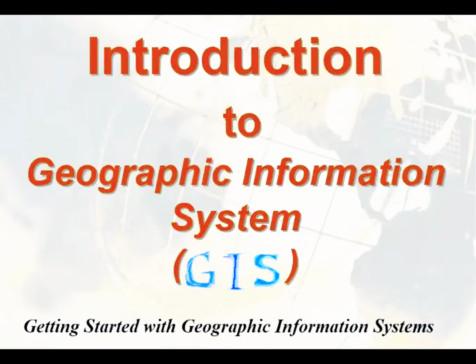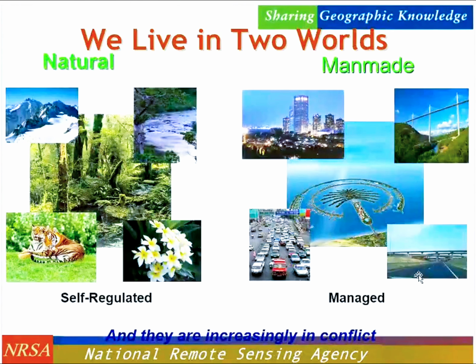It is very important. Now on this slide, we can see that we live in two worlds. The first one is the natural and the second one is the man-made, right? Now you know very well the physical or natural aspect for understanding the whole world, and the second one is the artificial world.